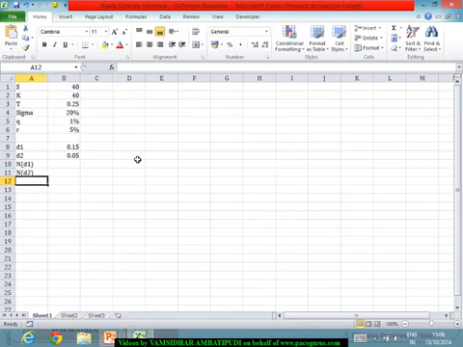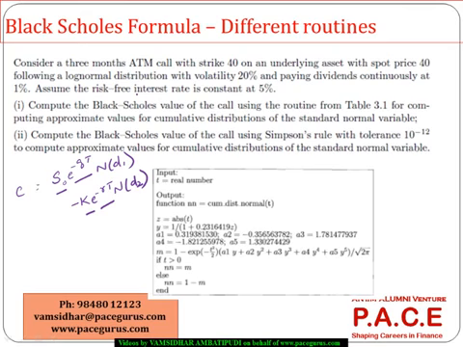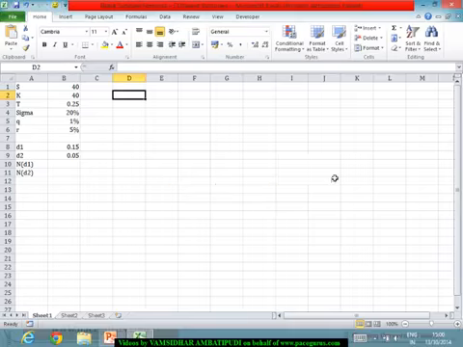So for that, I have to compute this N of d1 and N of d2 going with different kinds of routines, different kinds of mechanisms. One such routine is presented to us here, and it says using this, try finding out the value of the cumulative normal distribution. Okay, let's try it out.